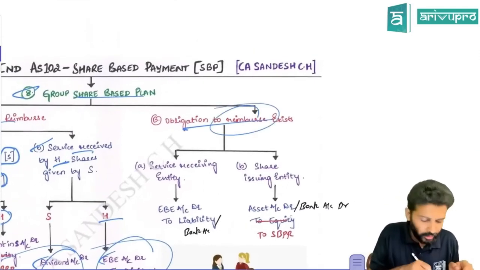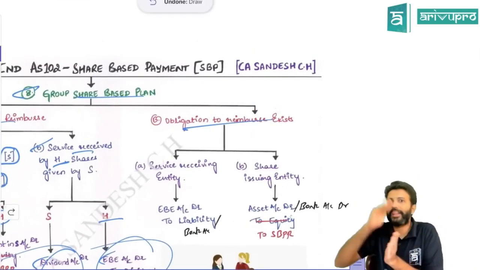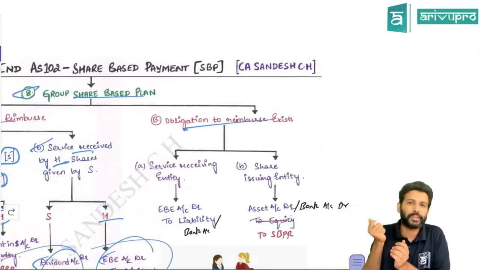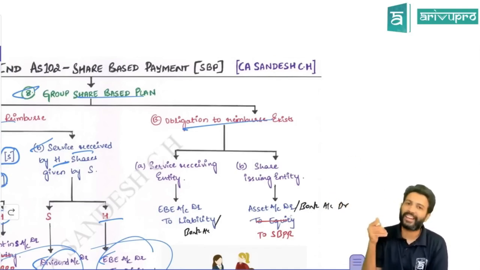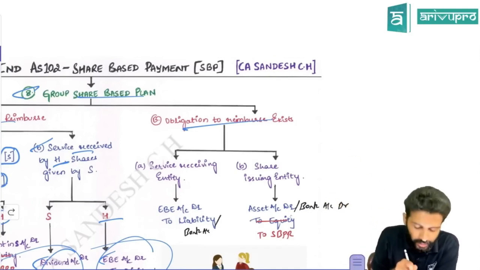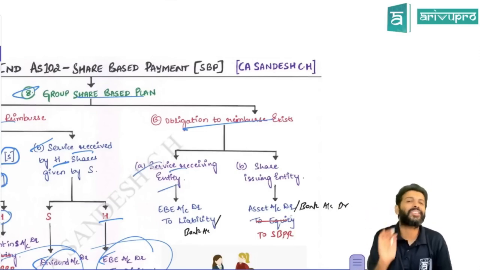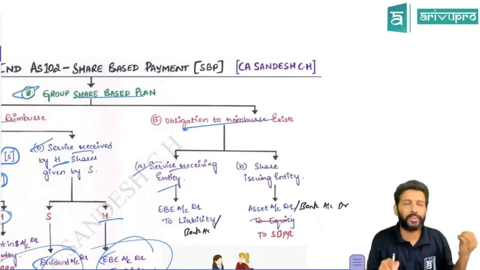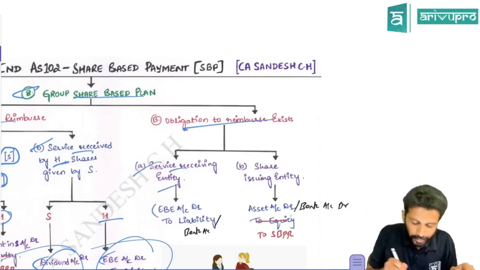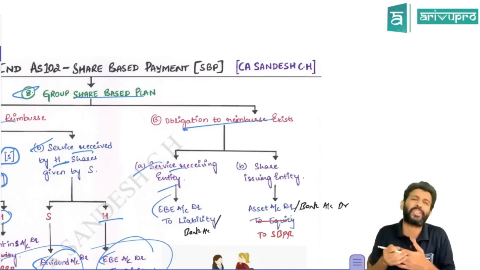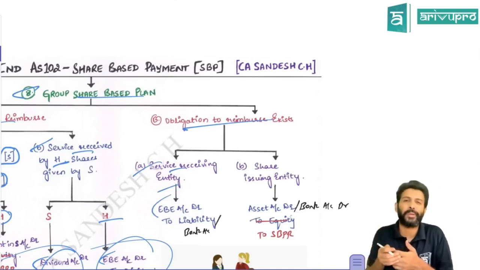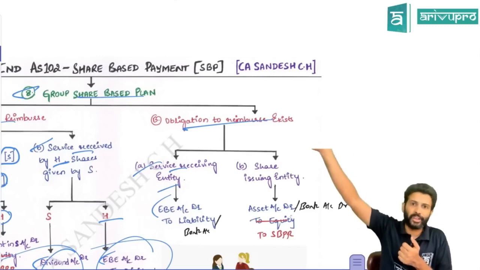If there is an obligation to reimburse, meaning the holding company initially gives shares and later recovers, then on one hand they are giving and on the other hand they'll recollect. So how to do the accounting? Whichever entity is receiving the service will debit employment benefit expenditure account. But can they credit SBPR? No, because they are not issuing the shares; another company is planning to issue the shares.